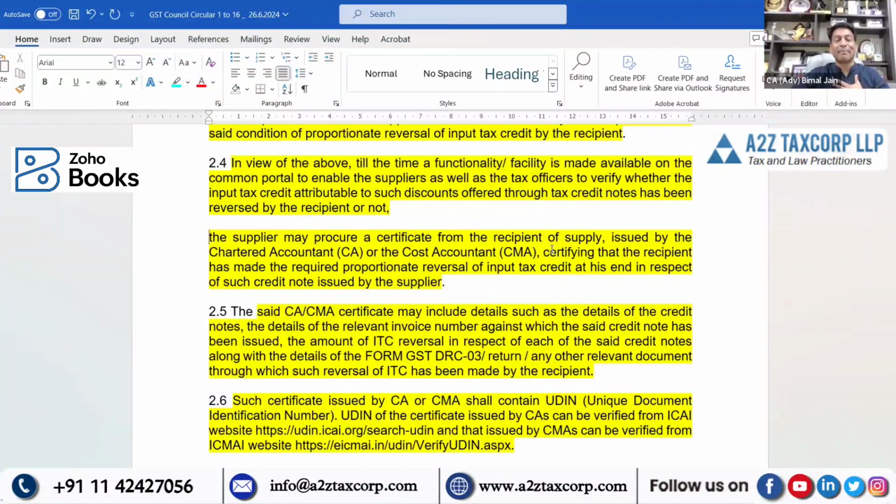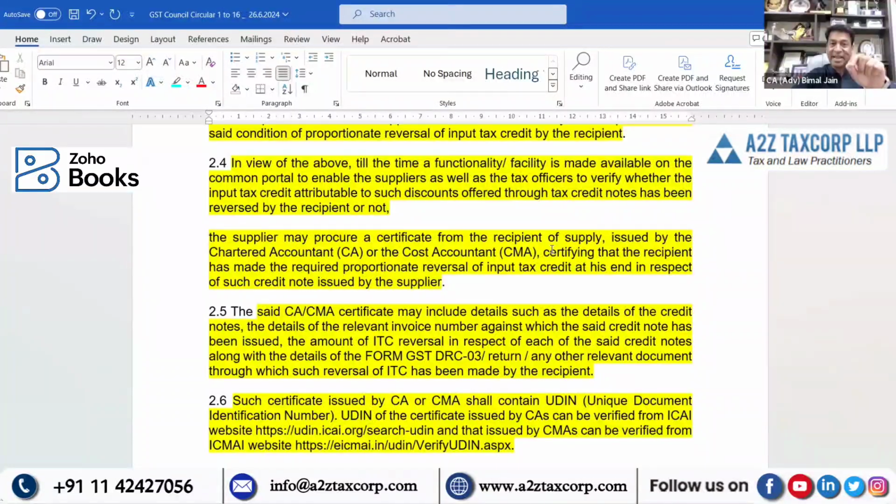So as a supplier, I can take a certificate from my buyer, the recipient, issued by a chartered accountant or cost accountant, certifying that the recipient has made the required proportionate reversal of ITC 1.8 as per our example at his end.